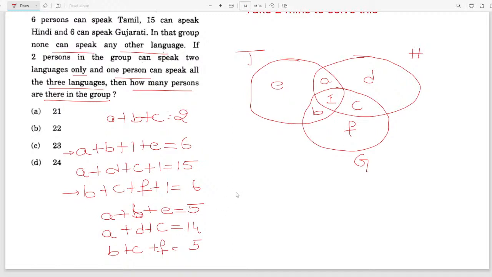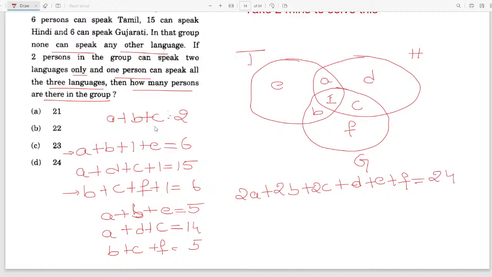So we would have 2A plus 2B plus 2C, plus we have 1 each of D, E, and F. So D plus E plus F is equal to, this is 5 plus 5, 10 plus 14 is 24. This is equal to 24.